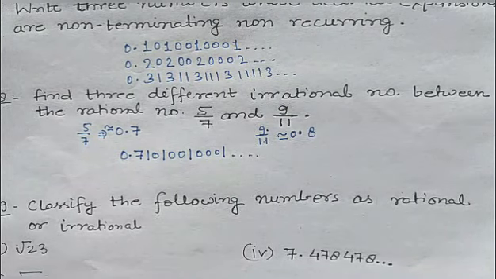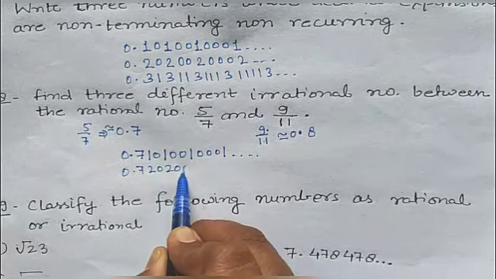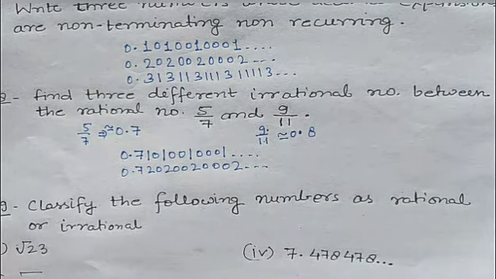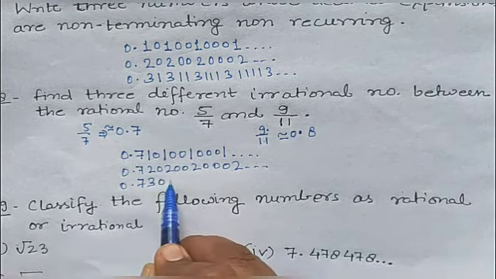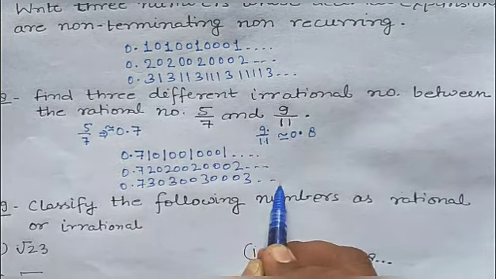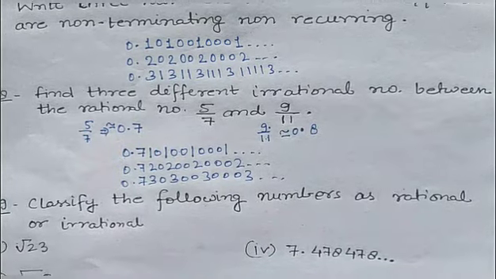One number is there. Again 0.7202, increase the number of zeros. The third number 0.73, 0.303003000 3, and so on. So these are our answers.